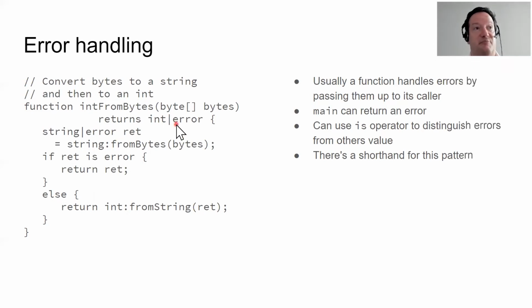It makes code a little bit verbose, but by looking at it, you can tell where errors can happen and how control can flow in the function. But this is a very common pattern: you want to see if something's an error and return it, and if not, do something else.